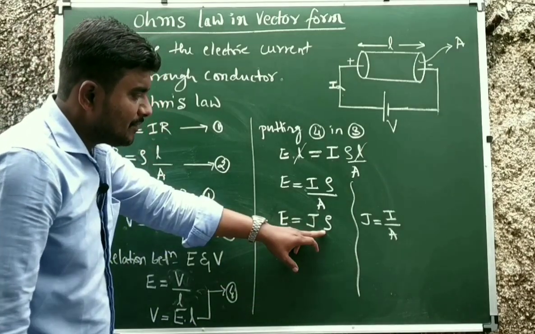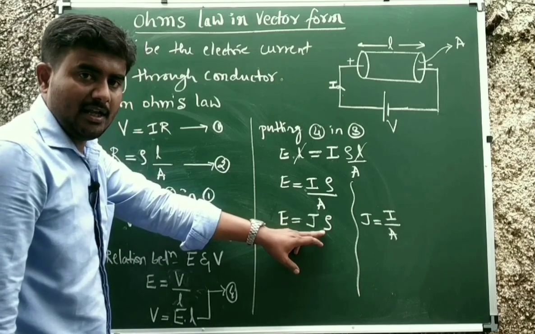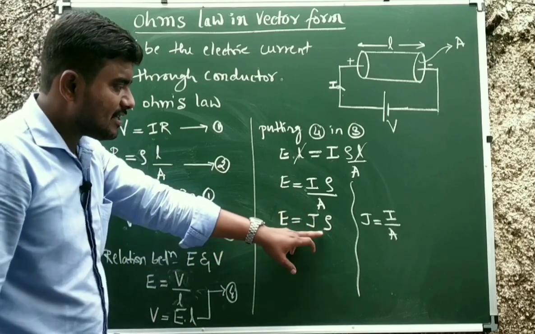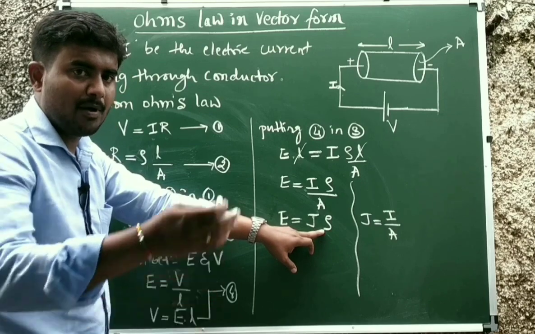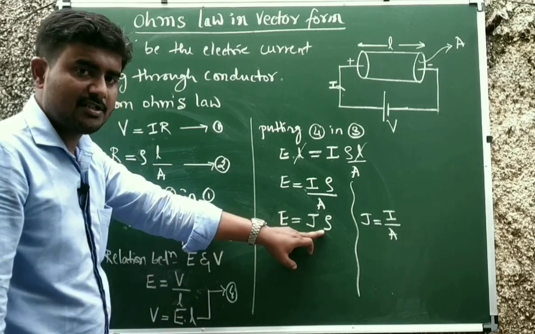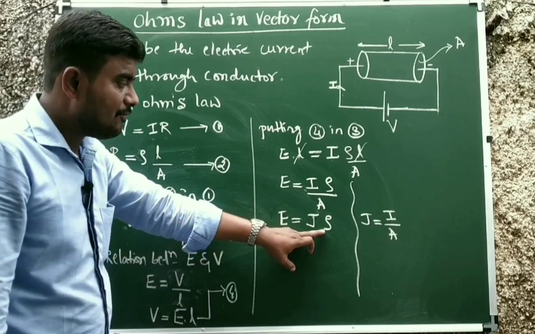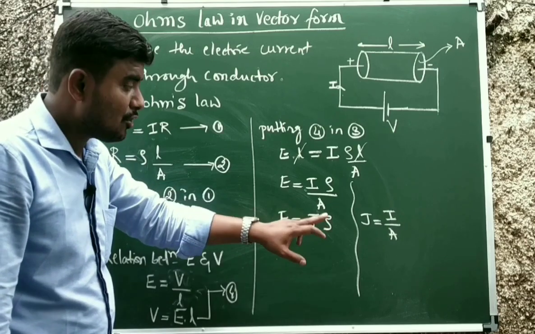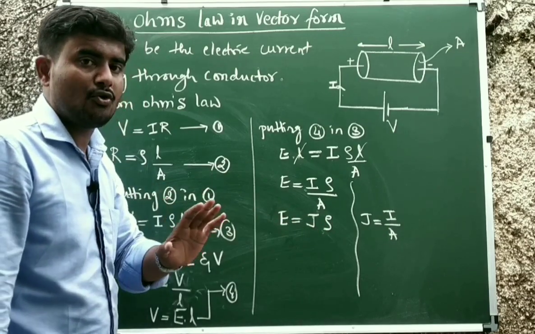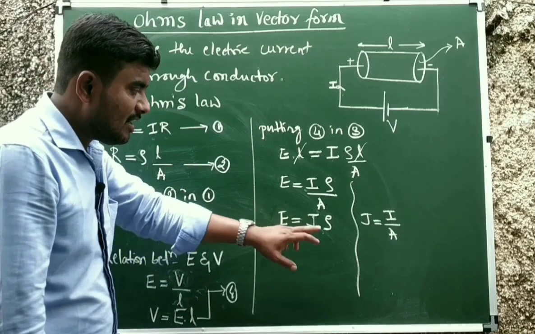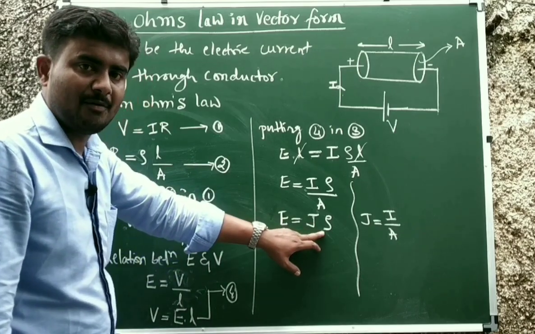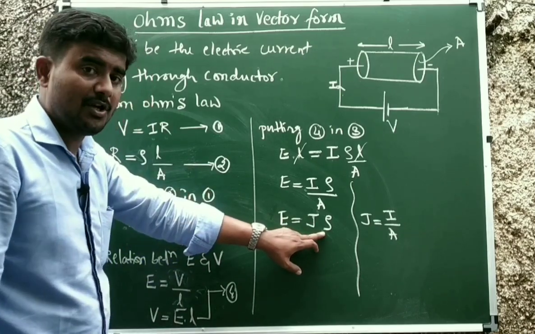Resistivity is a property of the material. From material to material, this resistivity value changes. For example, copper has a fixed resistivity, aluminum has a fixed resistivity. It does not depend on the configuration of a material, but it depends on the material itself.